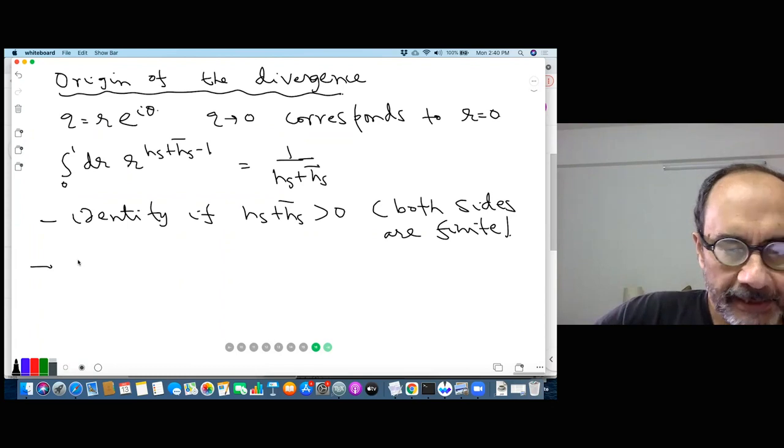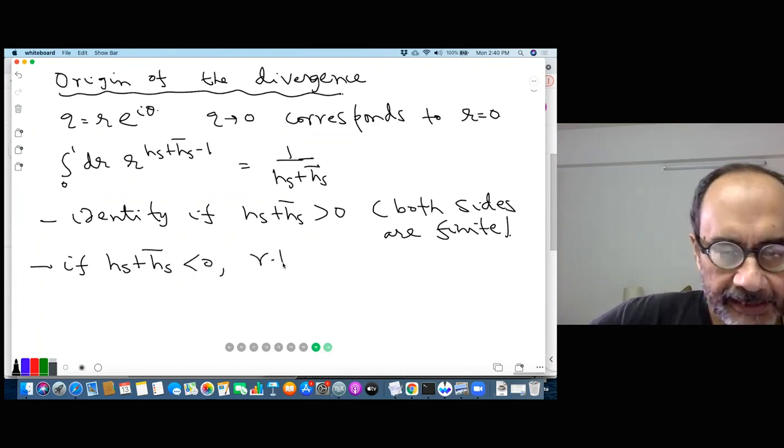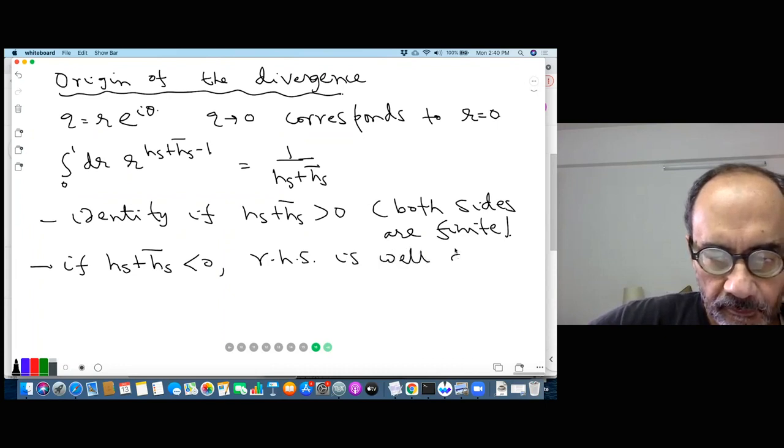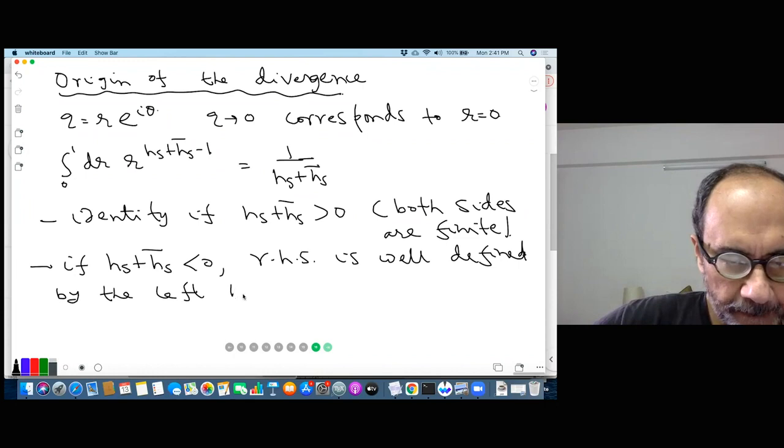So if hs plus hs bar is negative, then the right hand side is well defined, but the left hand side is divergent.